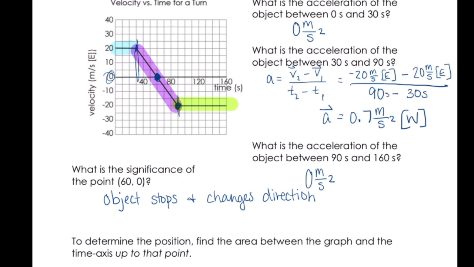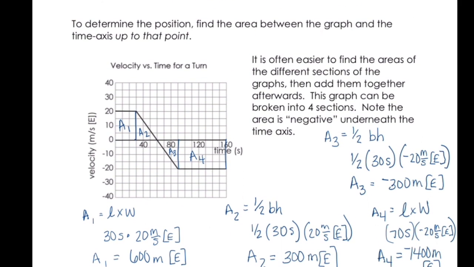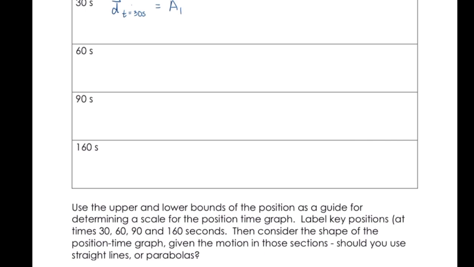So if we look over, after 30 seconds, it's just A1 that we have to add together. So that means that our total displacement at t equals 30 seconds is just 600 meters east.